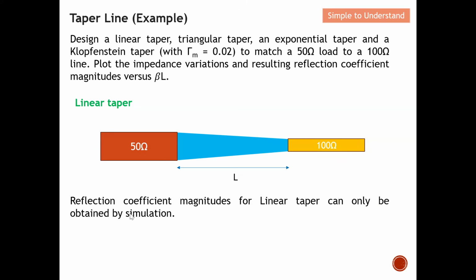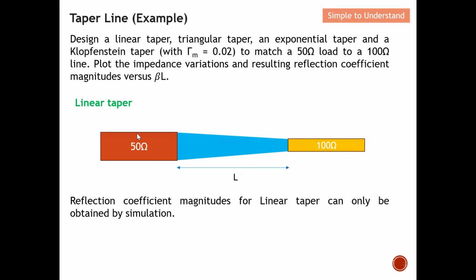So this is the first method. In terms of impedance, it will change in a linear manner, as you can see from here. You can imagine that the impedance will be 50 and then start to increase, maybe 60 here, then 70, then maybe 80, then 90, and finally they reach 100 ohm. So you can see that the impedance increases in a linear manner. This is the first method that we design, the linear taper.